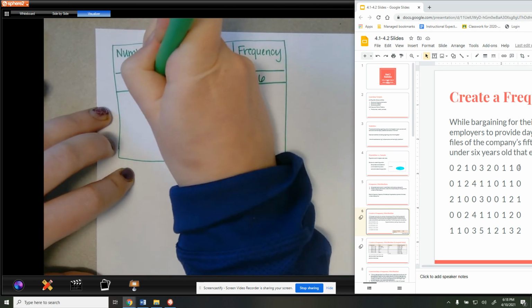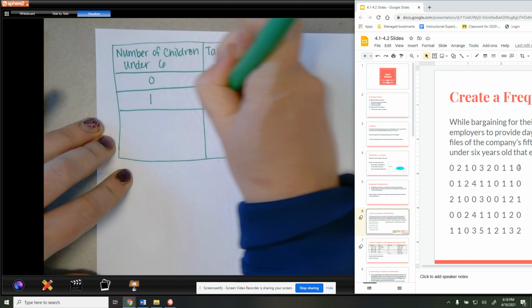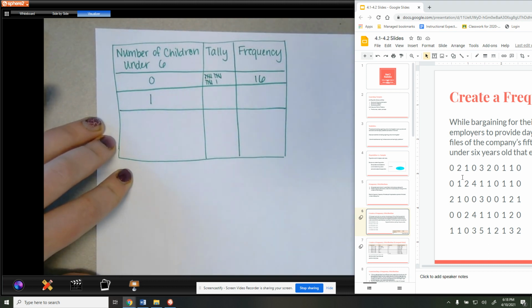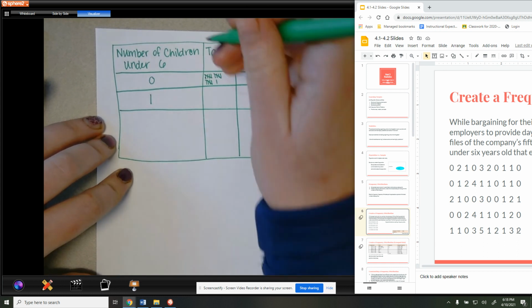Then people could have 1 child under the age of 6. All right, so I'm just counting up all the ones. 1, 2, 3, 4, 5, 6, 7, 8, 9, 10, 11, 12, 13, 14, 15, 16, 17, 18 ones.